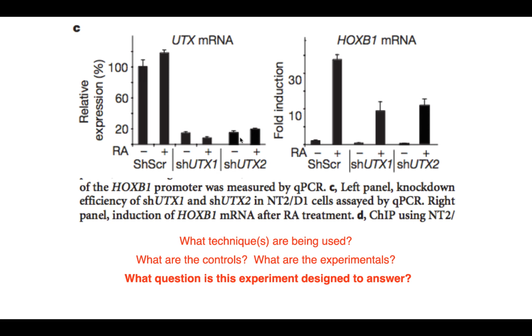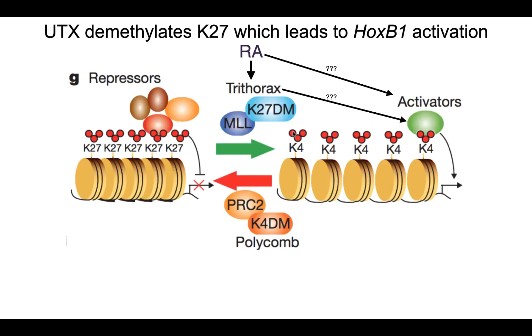Now, remember, we want to see whether UTX, which is part of trithorax here, is necessary to turn on HOXB1 expression.